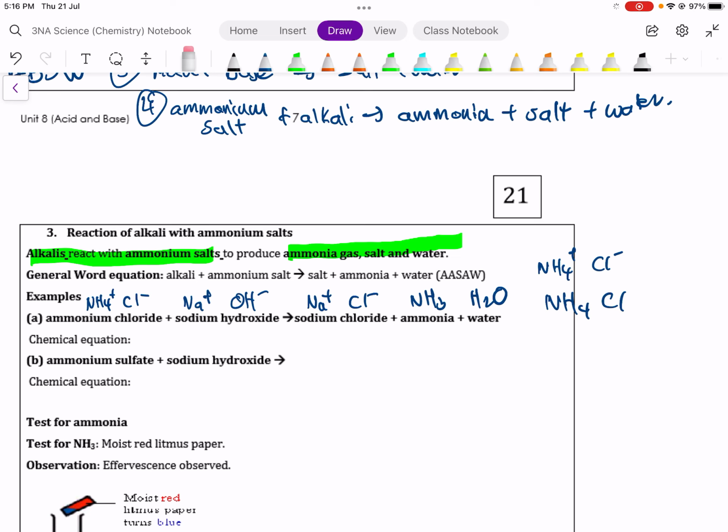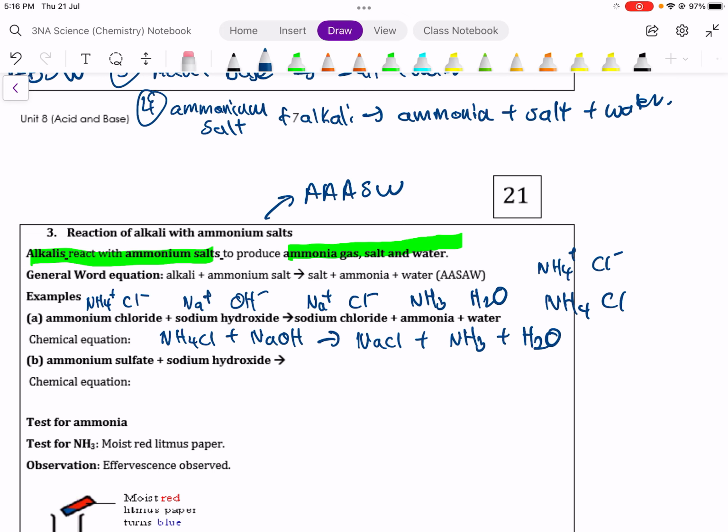So this one is NH4Cl plus NaOH gives you NaCl plus NH3 plus H2O. It's an ammonium salt plus alkaline, gives you ammonia, salt and water. So this one is AASW: alkaline plus ammonium salt gives you ammonia, salt and water, right?